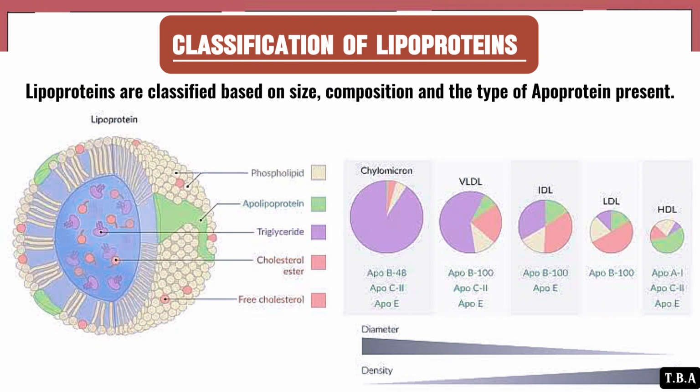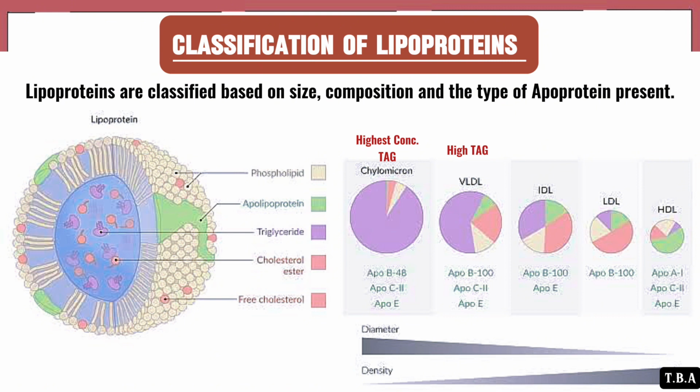If we check, the first is the chylomicrons. They are the largest, and they contain the highest concentration of triacylglycerol, followed by the VLDL, the very low density lipoprotein.